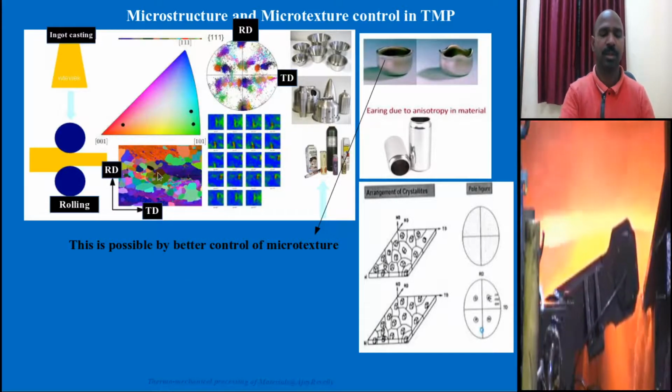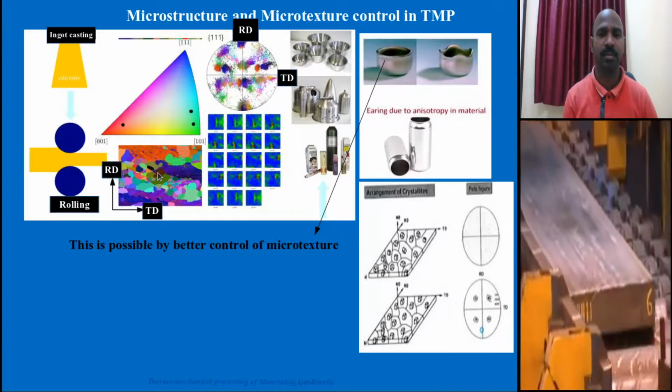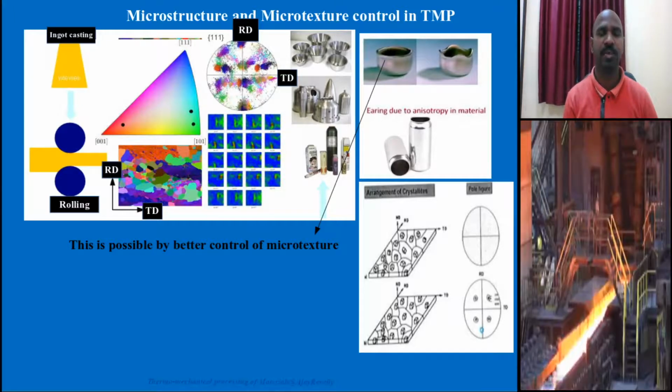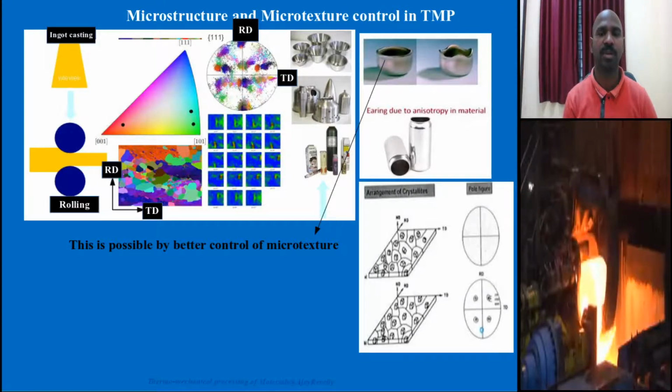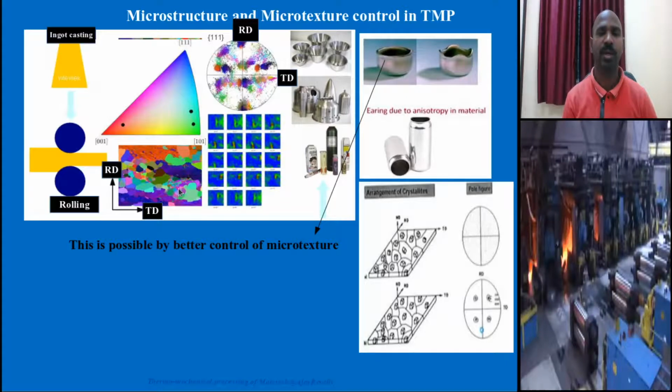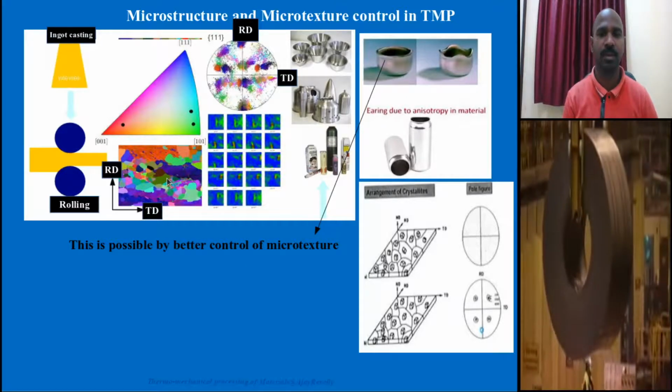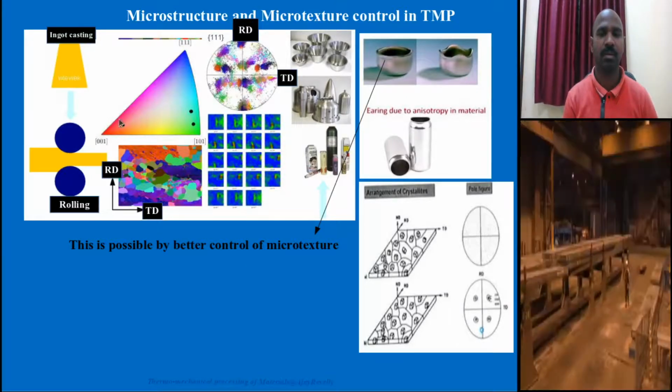These are microstructures taken from the scanning electron microscope attached with an advanced detector, the electron backscatter diffraction detector, so that you can give the color code, and with image processing you can interpret using what is called the inverse pole figure.